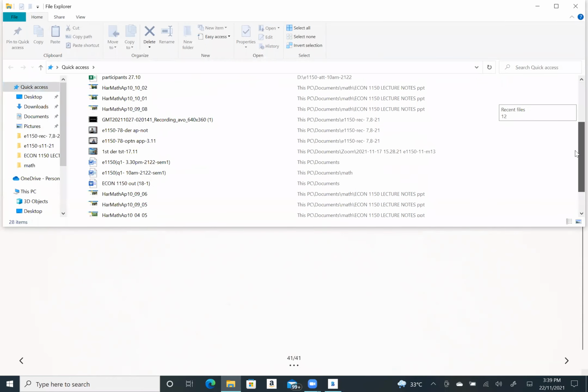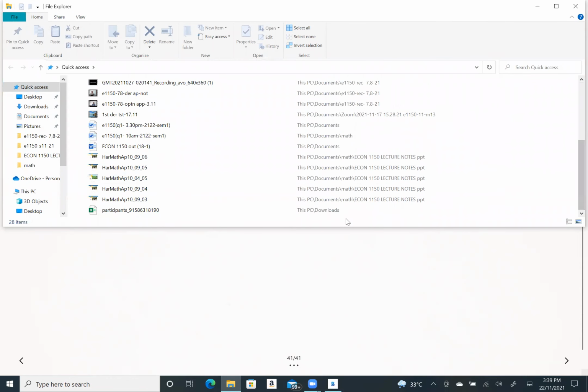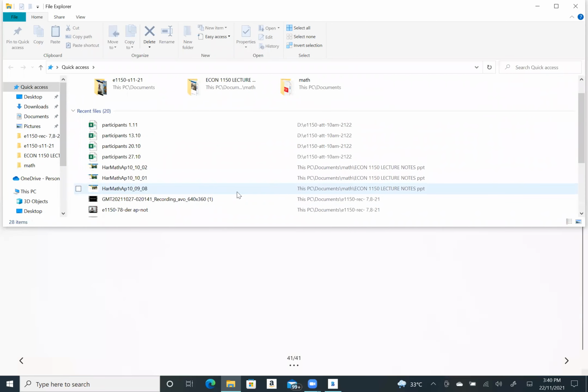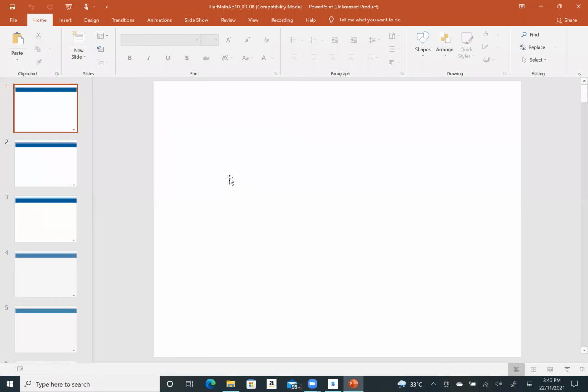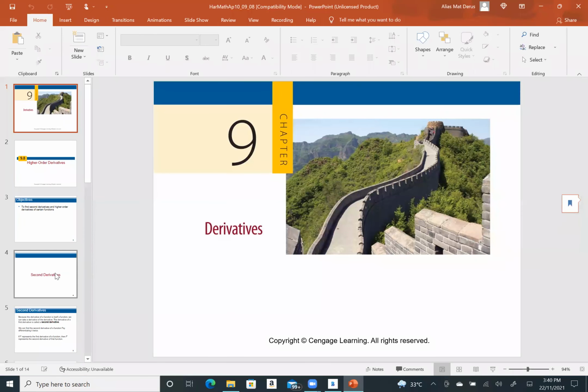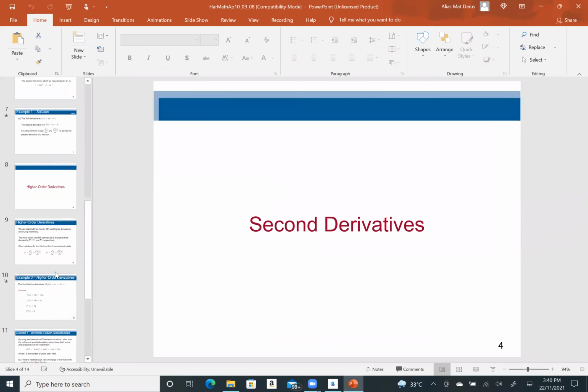So, example in the book. Example in the book, 10.10 probably. 9.8, 9.8. Earlier I showed it, this morning, where is it? Here it is, 9.8.